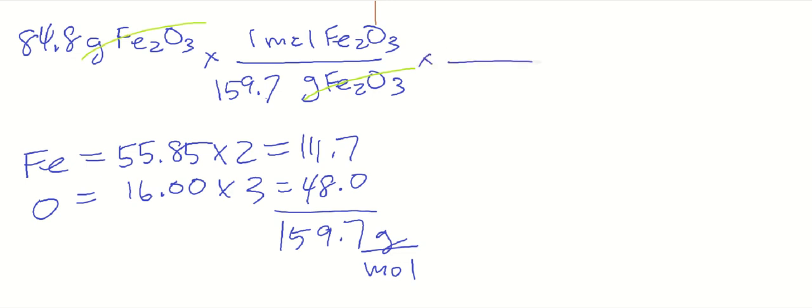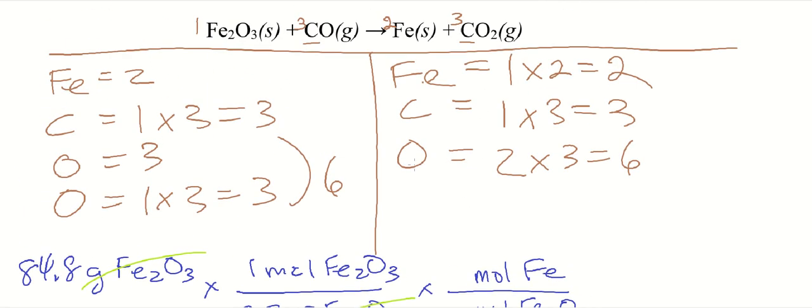Second step is the mole ratio, where we turn the iron oxide, the given substance, into the substance that we desire, which is iron. We get that information from the balanced equation coefficients.